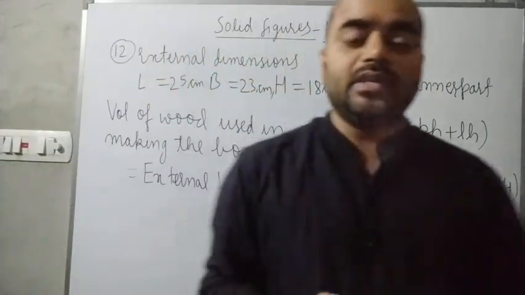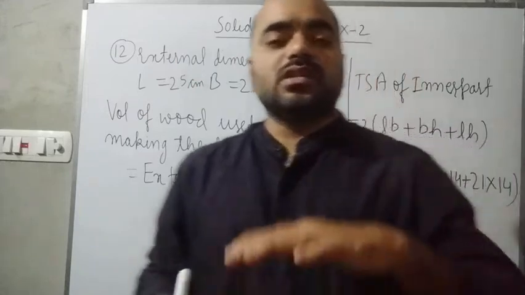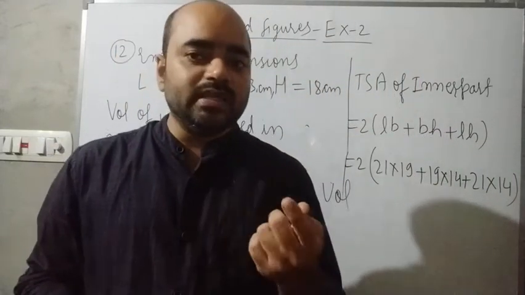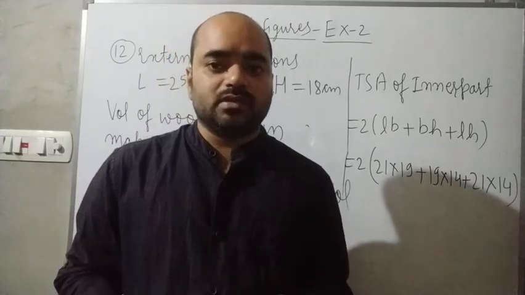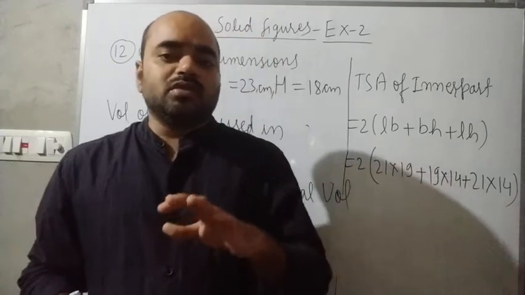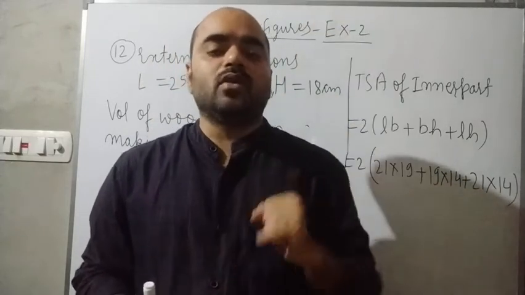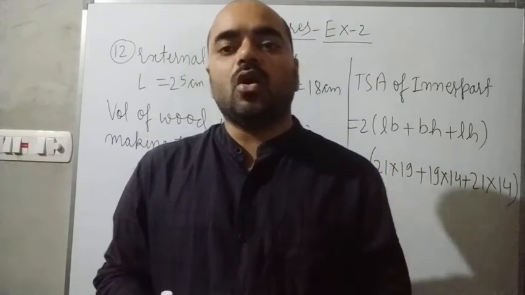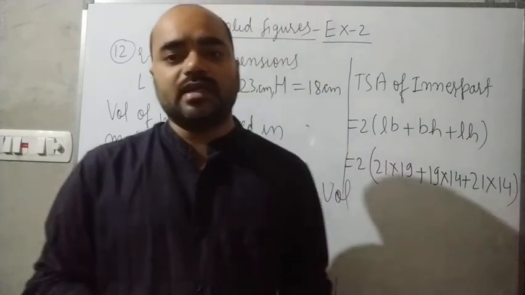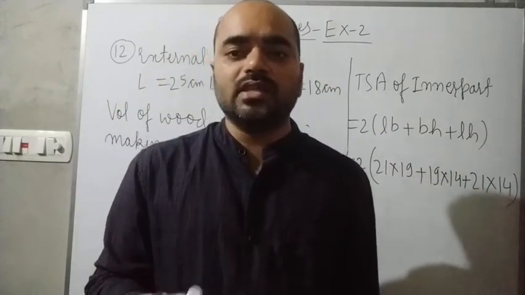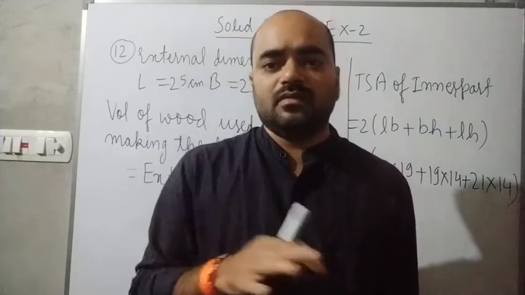Every time remember, whether the box is closed or open from any one face or two faces. Suppose the box is open from both faces, top and bottom; in that case it is a hollow box, and the height will be the same for both internal as well as external, or whatever the dimension.